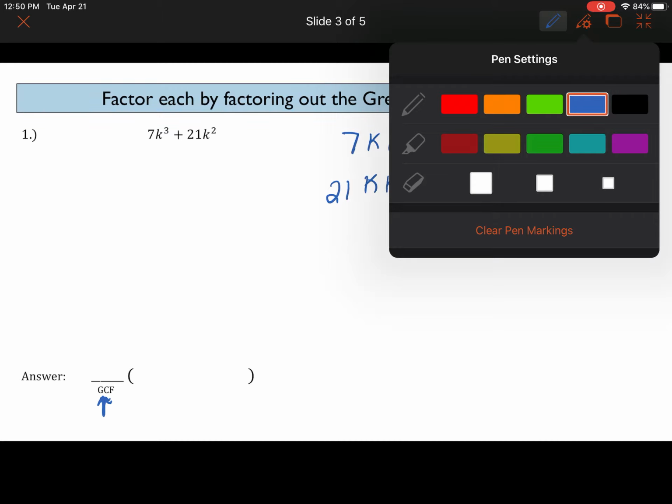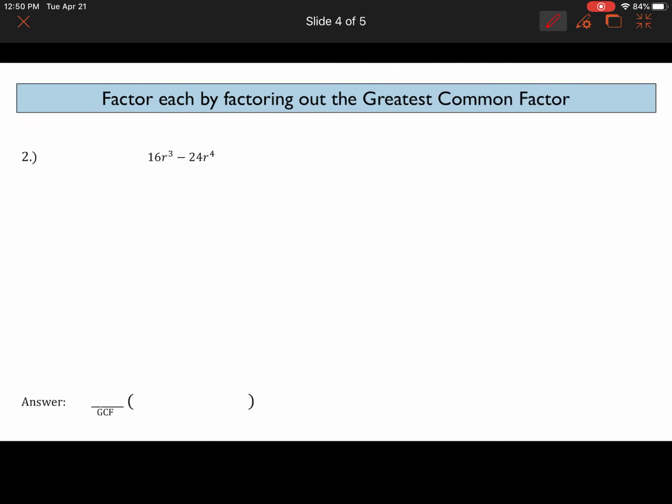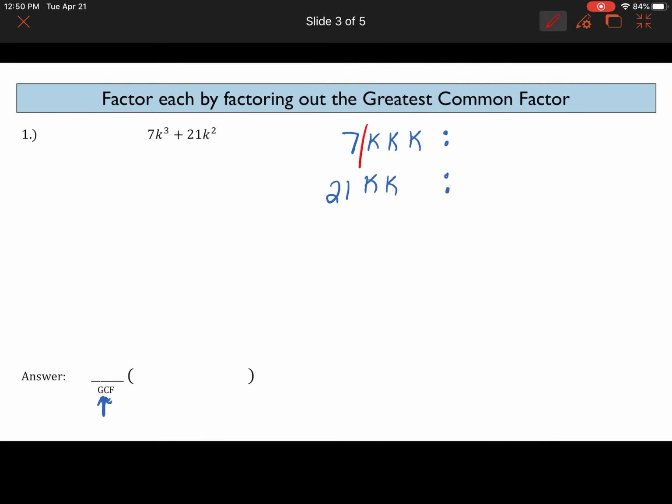The first thing you can automatically see is that they share 2 k's in common. Because they share 2 k's in common, that's part of our GCF. That's going to be k squared. Those are the variables. Now I'm going to do the numbers.